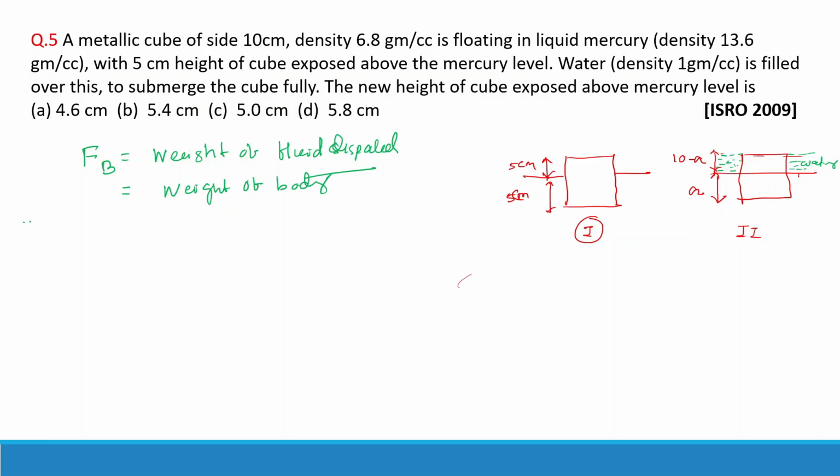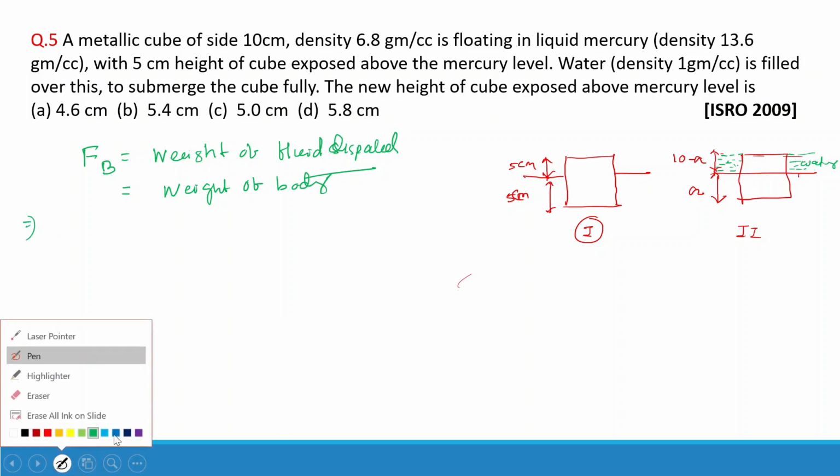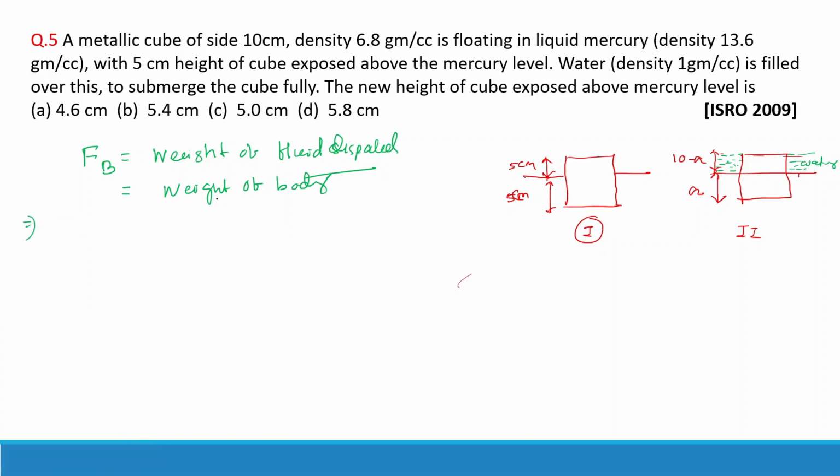We get the equation: weight of fluid displaced in water plus weight of fluid displaced in mercury. So rho of water g times volume in water, plus rho of mercury g times volume in mercury, will be equal to the weight of the body.